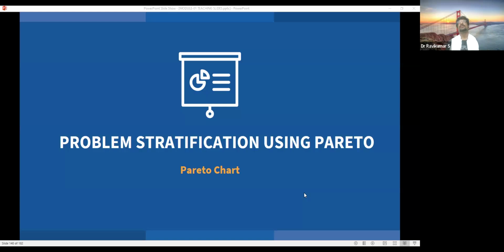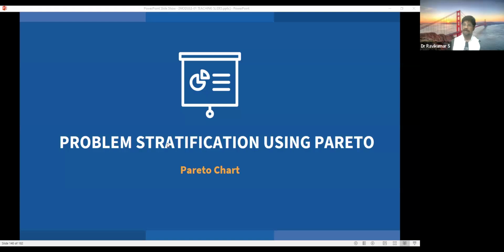So the problem is we need to stratify to understand more about the problem. We have a problem in hand, but before selecting it, we need to understand the core of the problem so that the top management could accept there really is a problem.